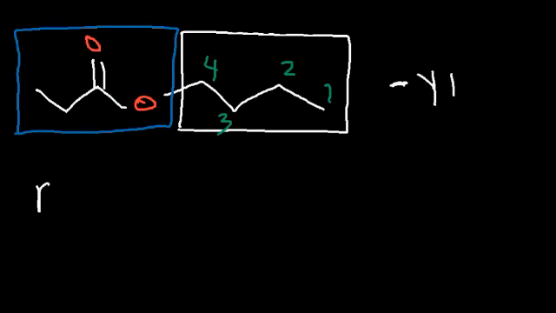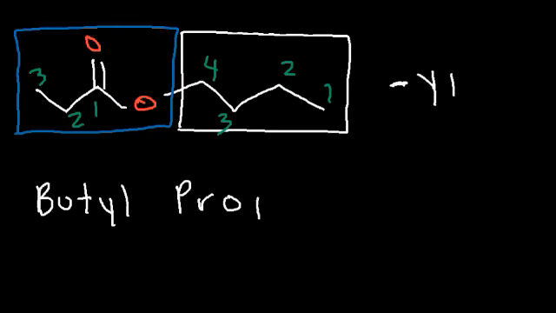So this is going to be butyl. And on the left side, we have 3 carbon atoms, 1, 2, 3. 3 is associated with propane, but since that's going to be the parent name of the functional group, we're going to add the OATE part. So it's going to be propanoate. Butyl propanoate. So that's how you name it.